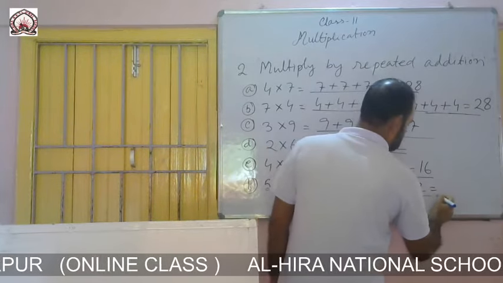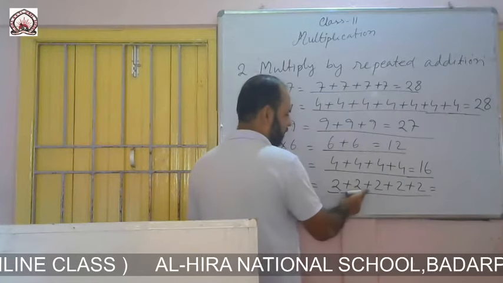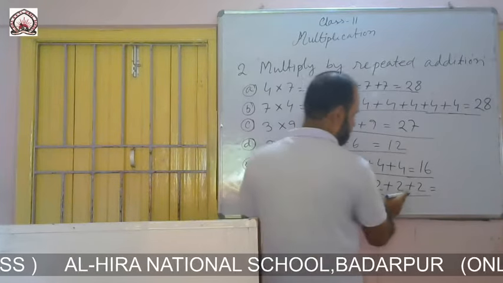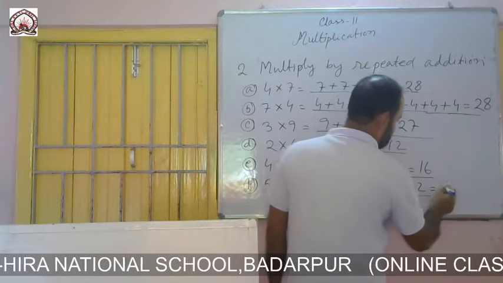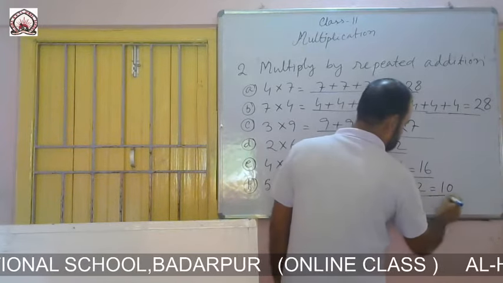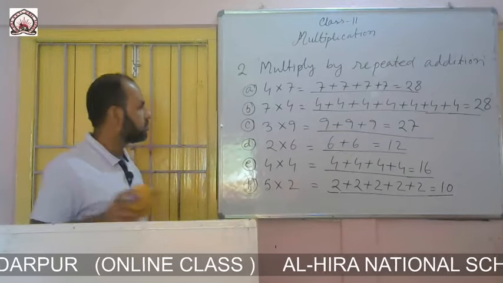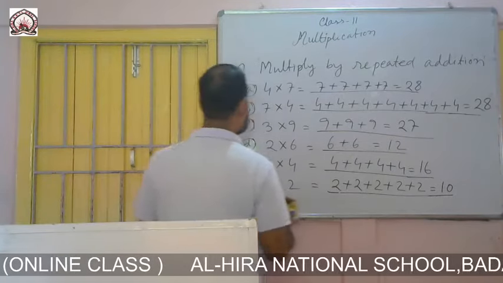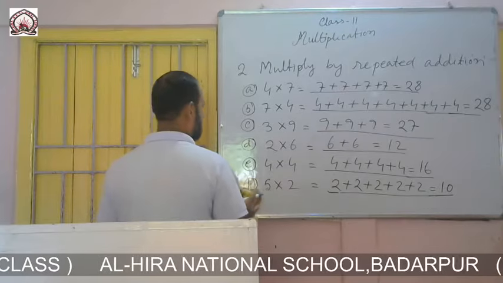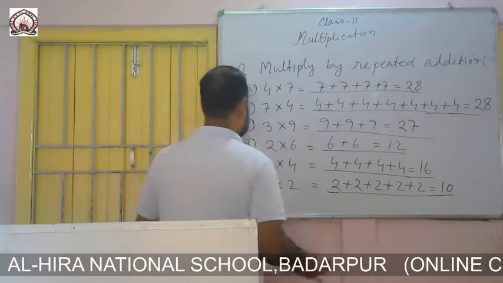So 2 plus 2 is 4. 4 plus 2 is 6. 6 plus 2 is 8. 8 plus 2 is 10. So 5 2s are 10.